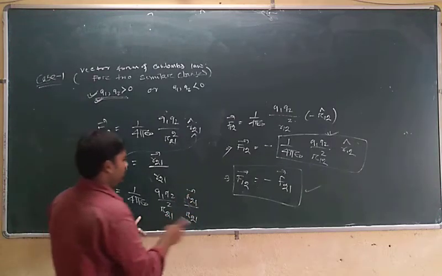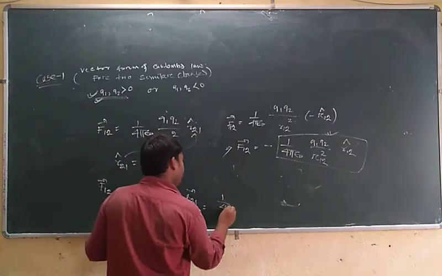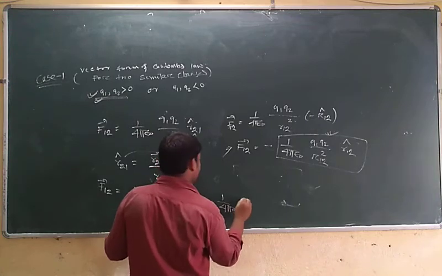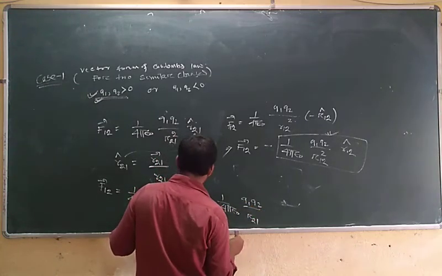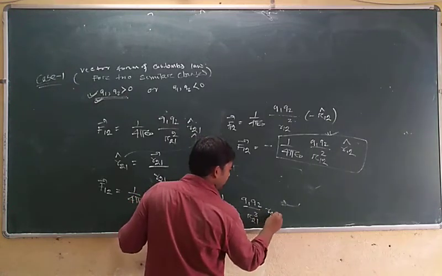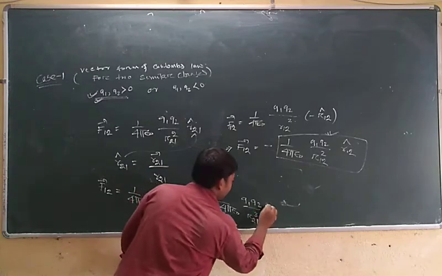If we substitute here, we get F12 vector equals 1 by 4 pi epsilon naught Q1 Q2 by R21 square times R21 vector by R21. When we multiply these, that will be 1 by 4 pi epsilon naught Q1 Q2 by R21 cube times the R21 vector.